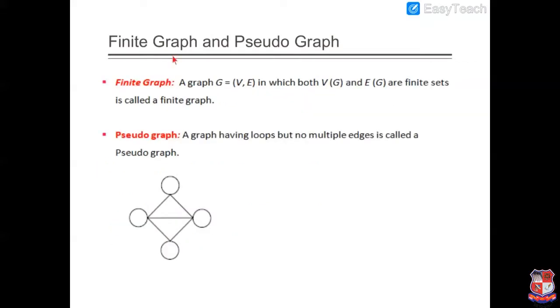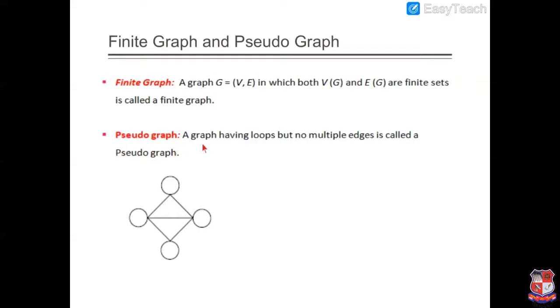Now what is a finite graph? A graph G = (V, E) in which both the vertex and edge sets are finite is called a finite graph. That means if the vertex set and edge set are finite, then the graph is called a finite graph.